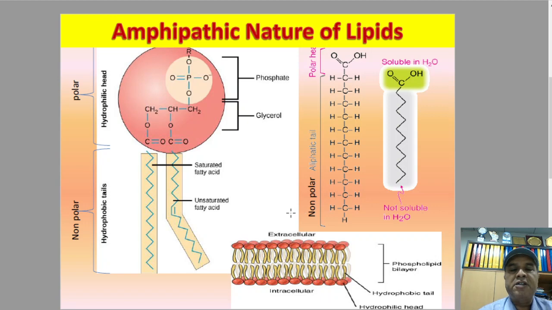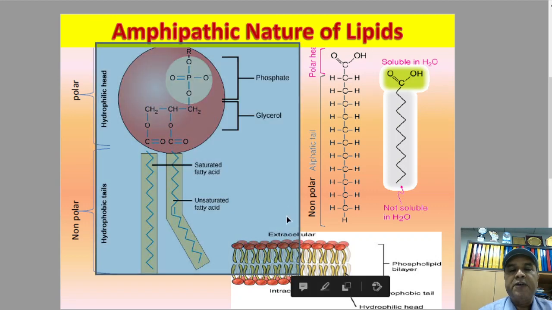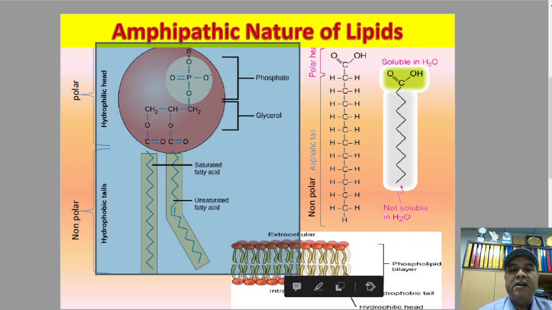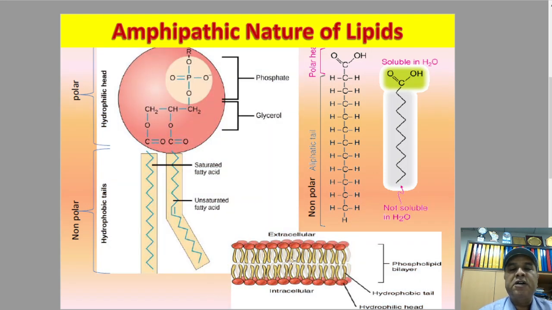In general, the polar heads always remain facing towards the aqueous part of the cell, whereas the groups which are non-polar in nature have a tendency to remain away from the aqueous part.